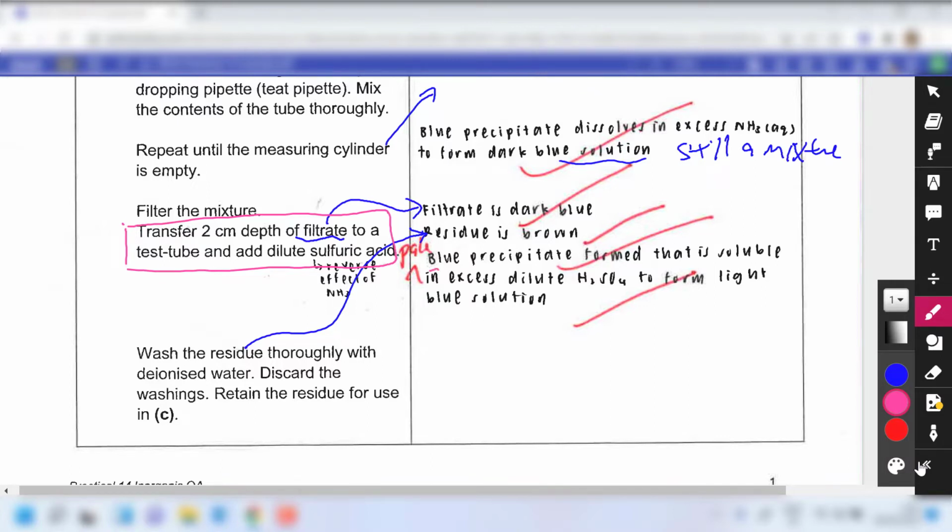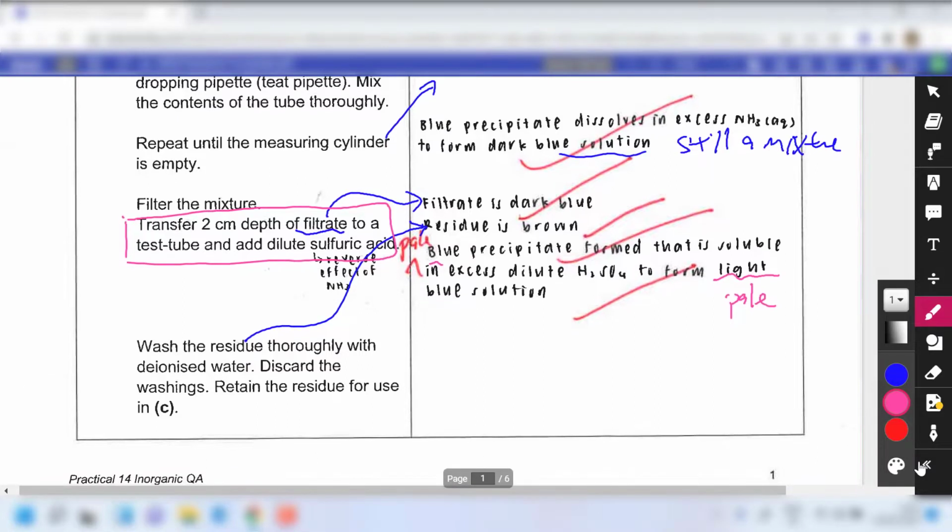It's not exactly blue; if you observe very carefully, it's between dark blue and white, so it's pale blue. It then dissolves in excess sulfuric acid to give a light blue or pale blue solution. Usually in chemistry we describe it as pale blue, but you can write light blue as well. It doesn't really matter. So that's it for 1B.